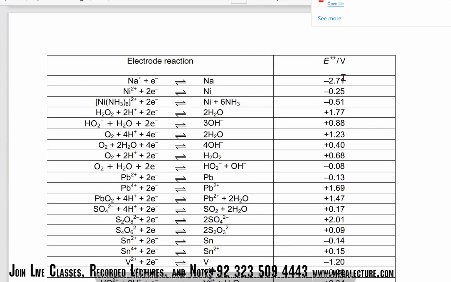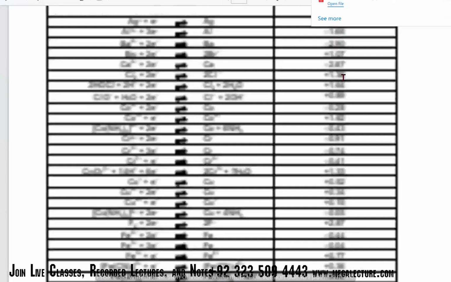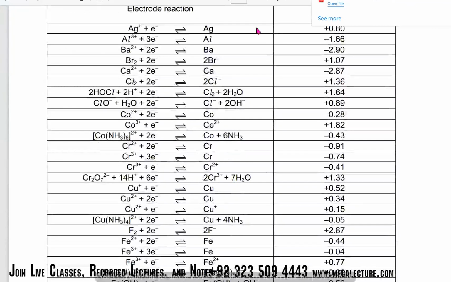The more negative the potential, the more likely it is to lose electrons. Here's aluminium, which likes to lose electrons. You can see it's got a minus 1.66 potential. You've got barium and calcium over here. Calcium's got a very low potential as well. Calcium really likes to lose electrons.